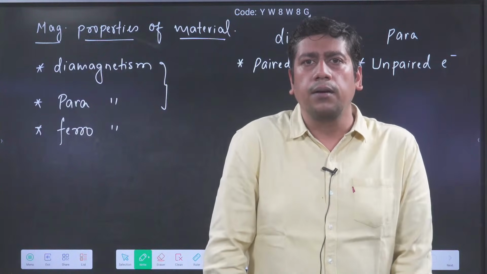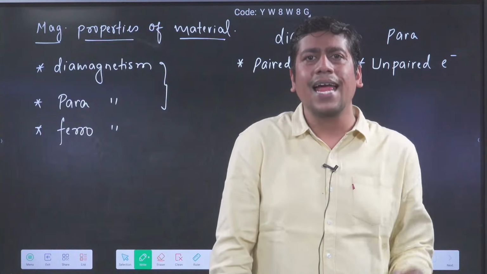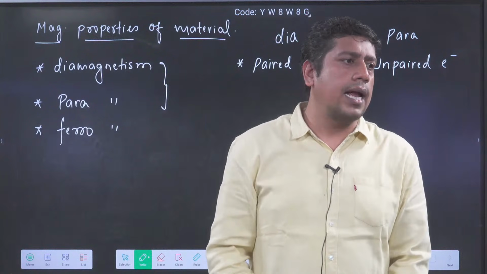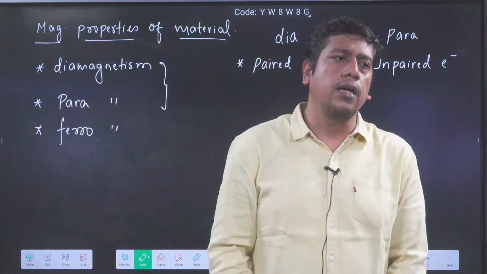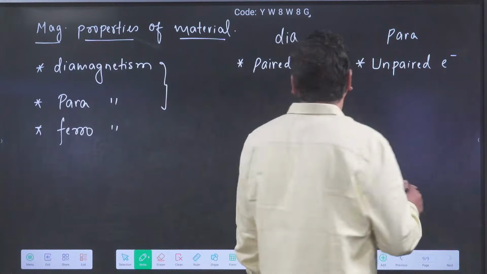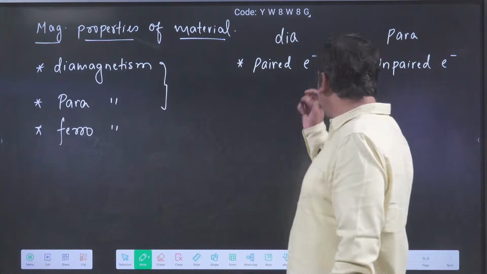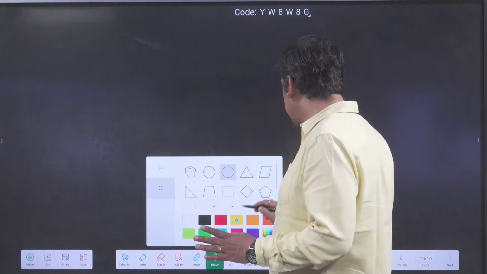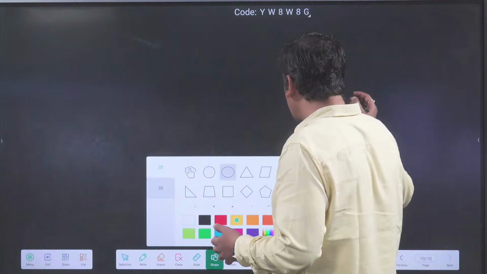So diamagnetic material, their atoms will have paired electrons. Paramagnetic material, their atoms will have unpaired electrons. Now, for a better understanding, let's discuss something.